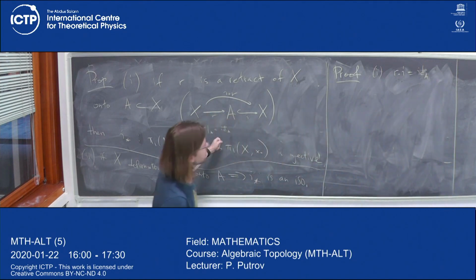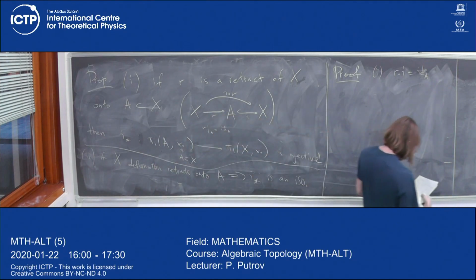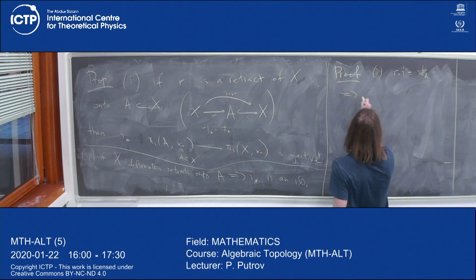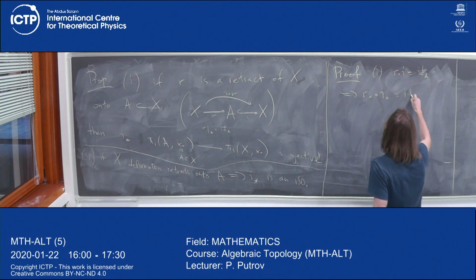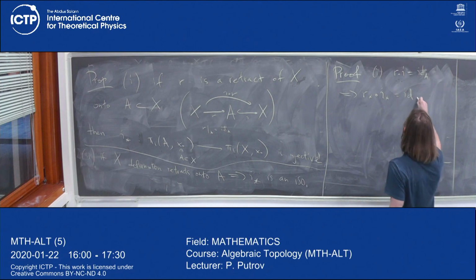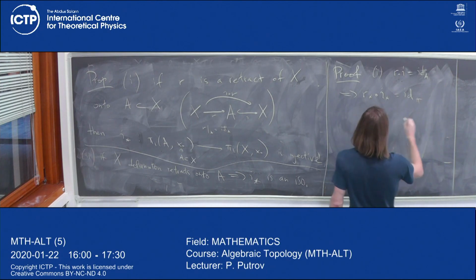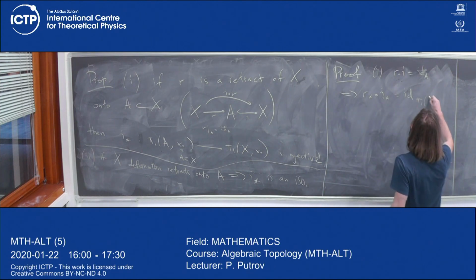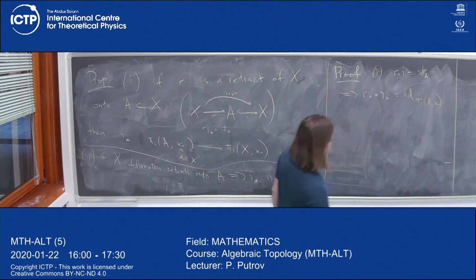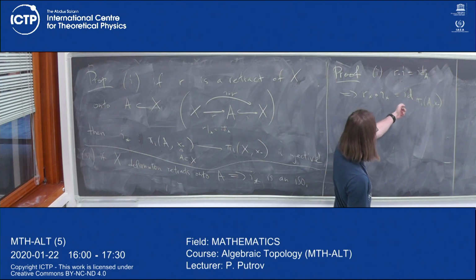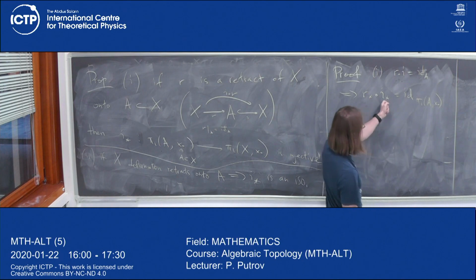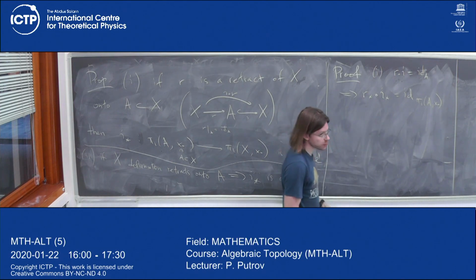Just rewriting this condition, and then by the properties of the push forward, I have the following condition: the composition of the corresponding push forwards is the identity on the fundamental group. But it is only possible if I have the composition of two maps being the identity, that the first map is injective.